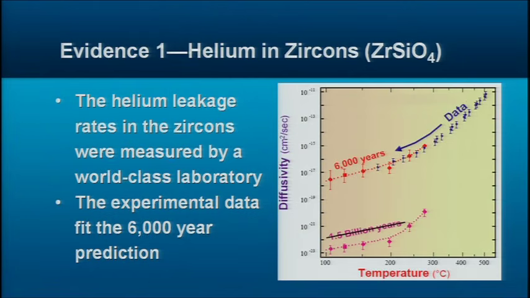And it was done in a world-class laboratory, actually at Caltech. And the experimental data verified the 6,000 year prediction and totally annihilated the 1.5 billion year prediction. Isn't that incredible?